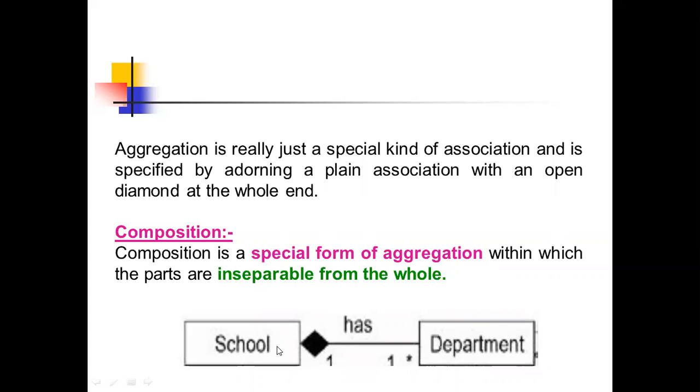School is the whole and has one or many departments. Here you can see a one-to-many relationship. School has a department, a has-a relationship. This is the composition, with the filled diamond. You can see the difference between aggregation and composition here.